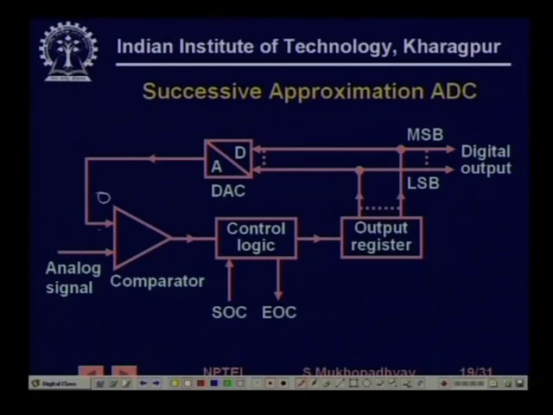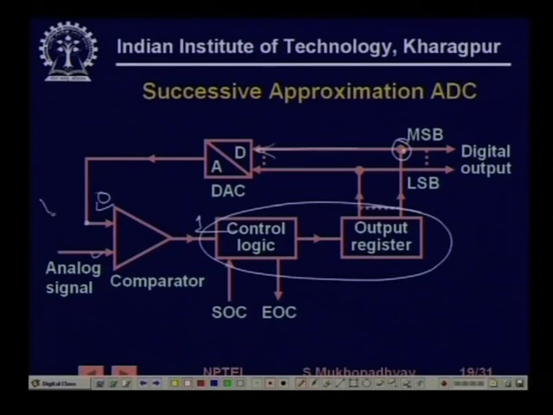So this just compares whether this is higher or this is higher. If this is higher, it puts it 1. Now, when it puts it 1, it sets some logic. So this will put the maximum bit high. Maximum bit means V by 2. So that will come through the DA converter and will apply a V by 2 here.